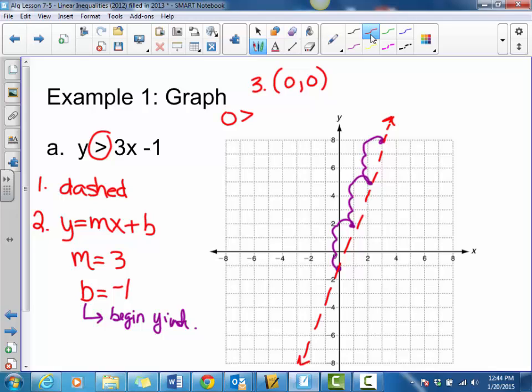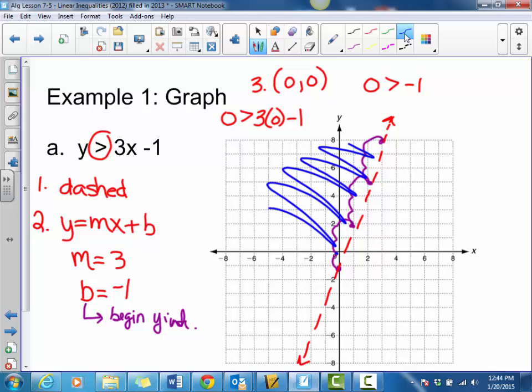So y is 0, is 0 greater than 3 times 0 minus 1? That means 0 is greater than 3 times 0, which is 0, minus 1, so 0 is greater than negative 1. Is that true? Yes, it is.